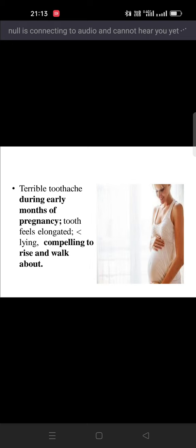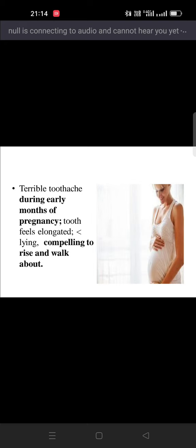Again we can compare with Mezereum. Mezereum is the medicine where there is a toothache and the patient also has the same type of sensation, feels an elongated tooth, but in that case the patient gets relief by drawing cold air into the mouth.